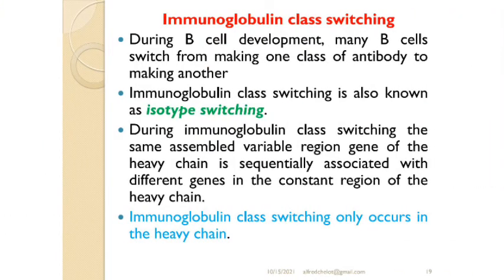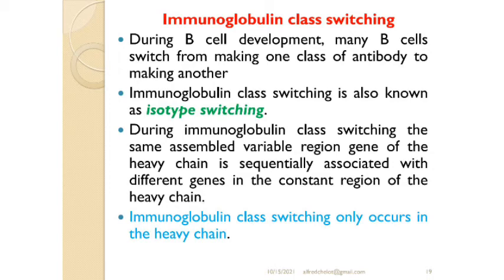So moving on, we are going to discuss immunoglobulin class switching. We know that during B cell development, many B cells switch from making one class of immunoglobulin to making another. Immunoglobulin class switching is also referred to as isotype switching.